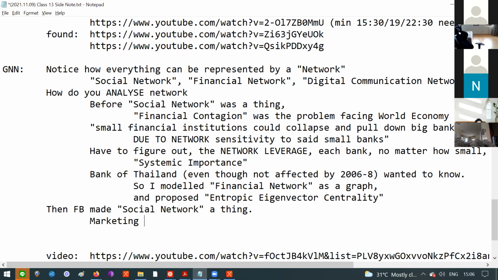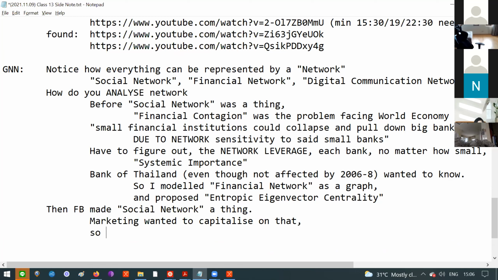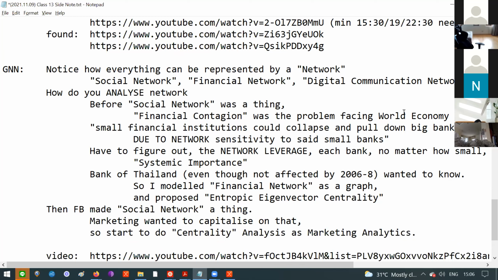Marketing wanted to capitalize on that, so they started to use centrality as marketing. Okay? So, long story short, it used to be that banks that matter were too big to fail because they were big banks.